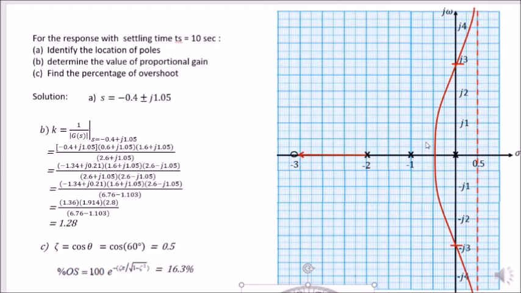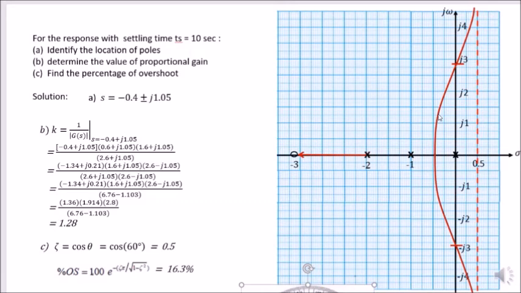In order to make sure this settling time can be achieved, we have to make sure the real part of the pole location is at 0.4. If we look at this root locus for 0.4, the location is somewhere here. So we just take this location as the location of the pole.